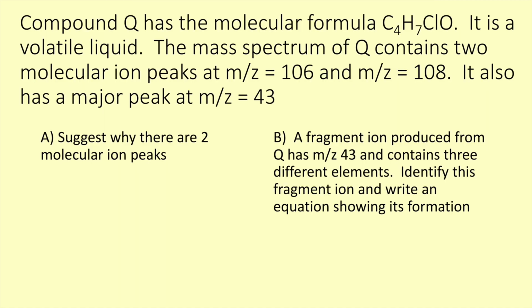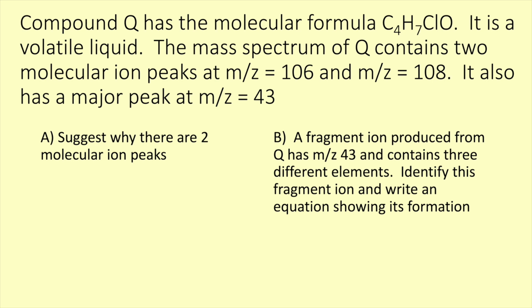So here's an example question. Compound Q has the molecular formula C4H7ClO. It's a volatile liquid, and the mass spectrum of Q contains two molecular ion peaks at m/z 106 and m/z 108. It also has a major peak at m/z 43. There are two parts to this question.